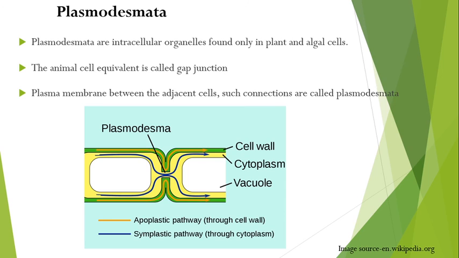These structures are prominent in plant cells, and depending on the plant type, the density of the plasmodesmata varies from 1 to 10 per square micrometer. It differs by cell type.